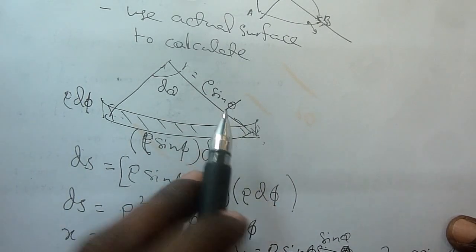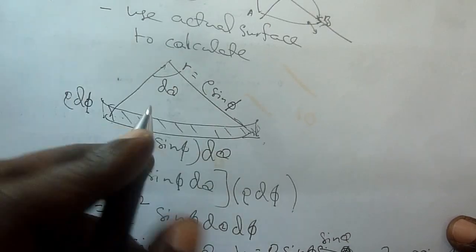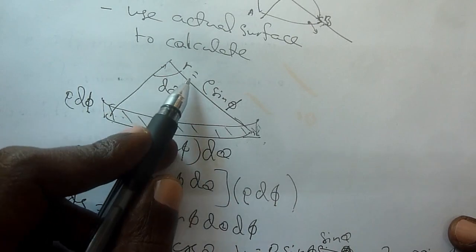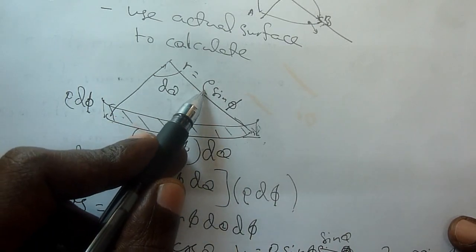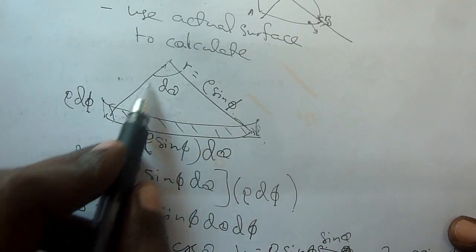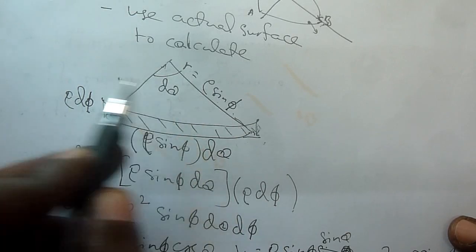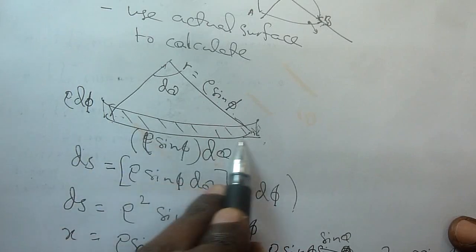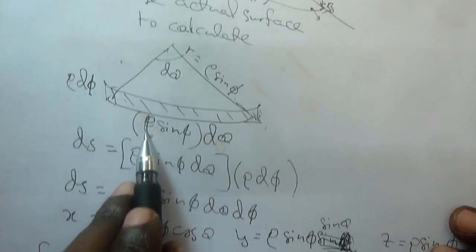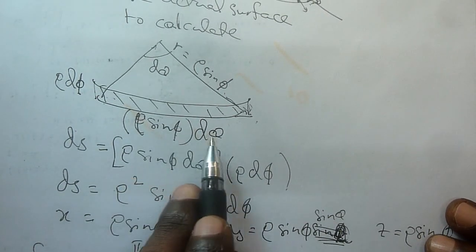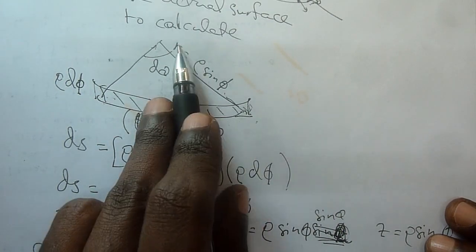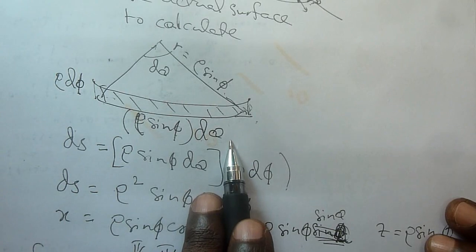This is very important, because I cannot go back and explain in detail. This is R, rho sine phi, and this is d theta. To find this circumference you need to use rho sine phi d theta. It's understood, right? R times R d theta.